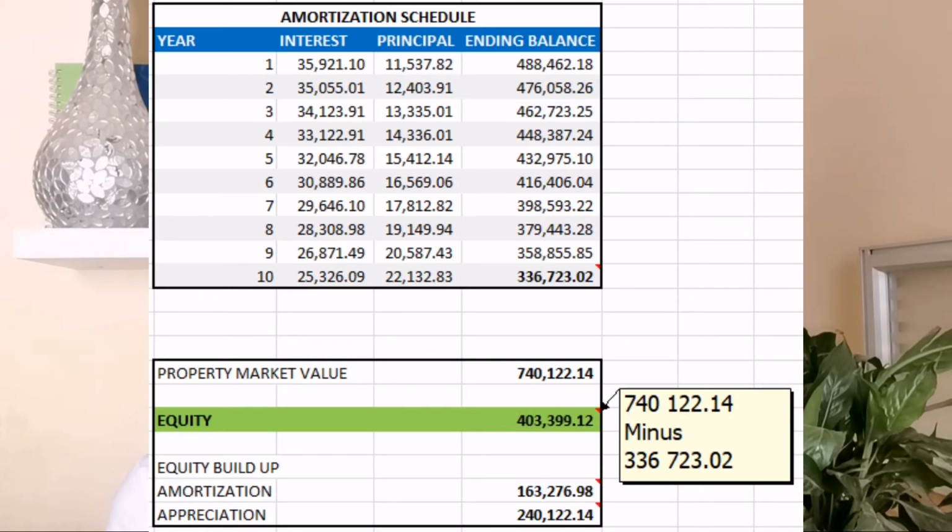Now let's look at the equity that we have on this particular property. Remember how we calculate our equity. We say the current market value of our property minus the outstanding loan balance. Our current market value of our property is 740,122.14 thebe, minus our outstanding loan balance of 336,723 pula 2 thebe.